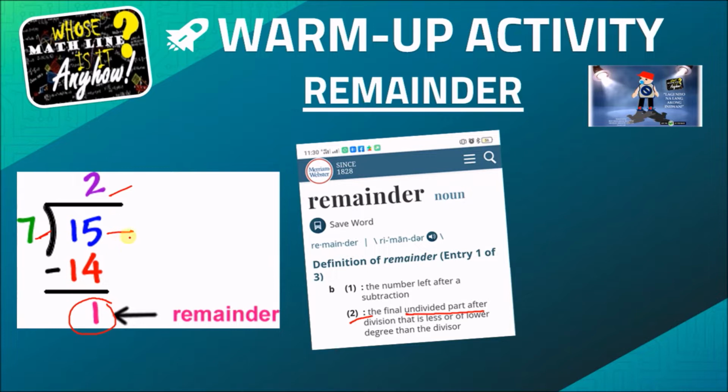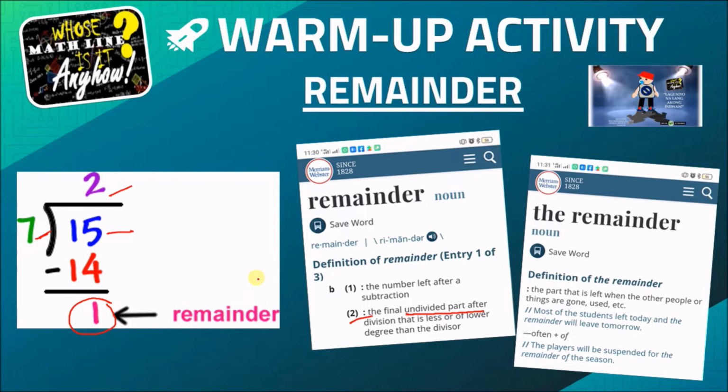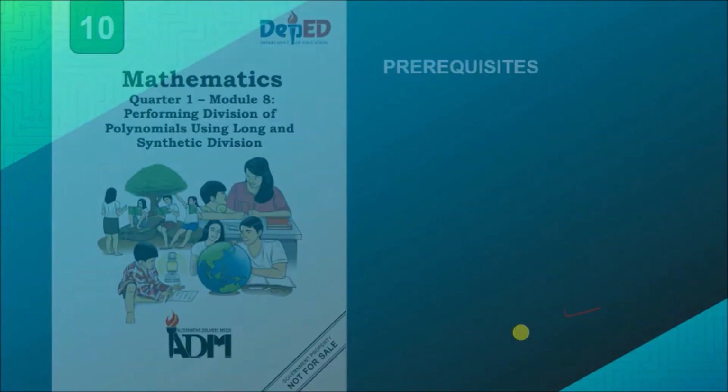Siya yung wala na tayong i-bring down, kaya basically remainder ang tawag doon. In English, it is the part that is left when the other people or things are gone. Example: most of the students left today and the remainder will leave tomorrow. Yan, na-integrate natin ang English.